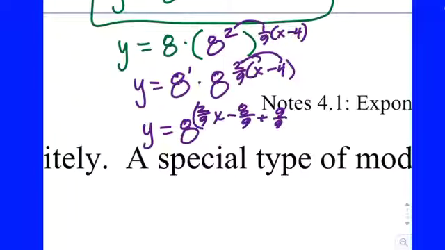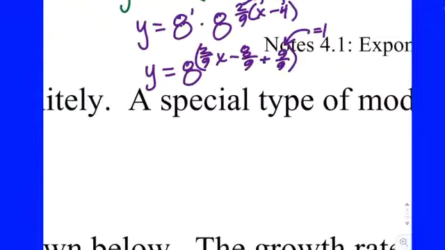So you okay with that? That's the 1. Why would I want to do that? So that I can combine like terms in the exponent. This is just getting better and better and better. What's 9/9 minus 8/9? 1/9. Good.